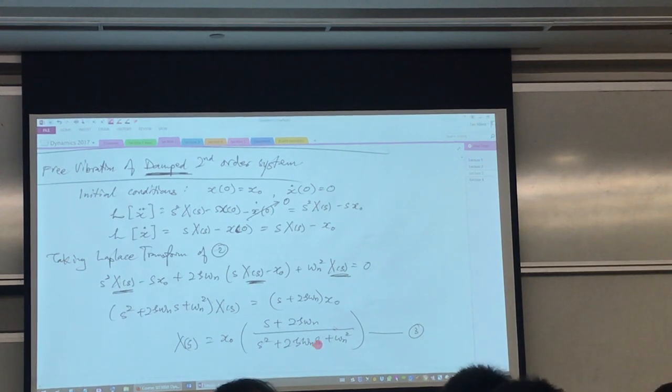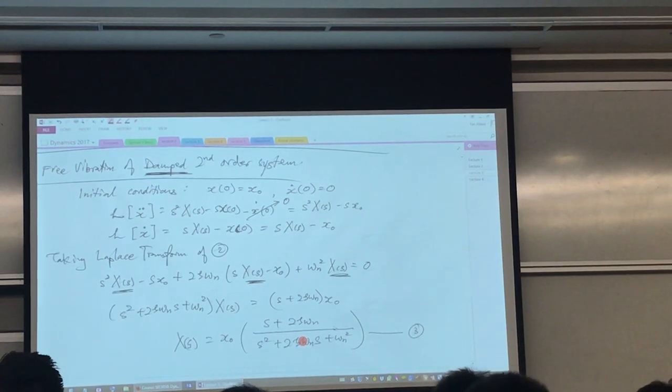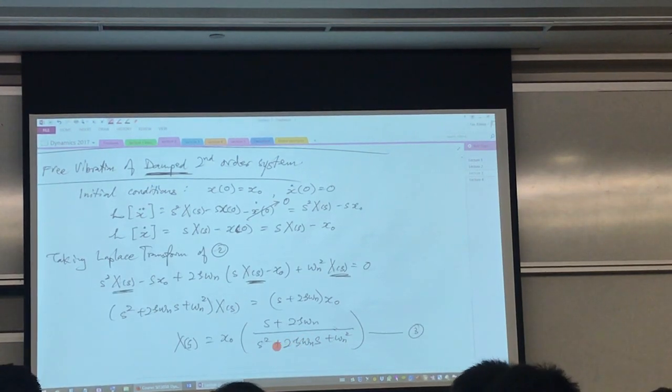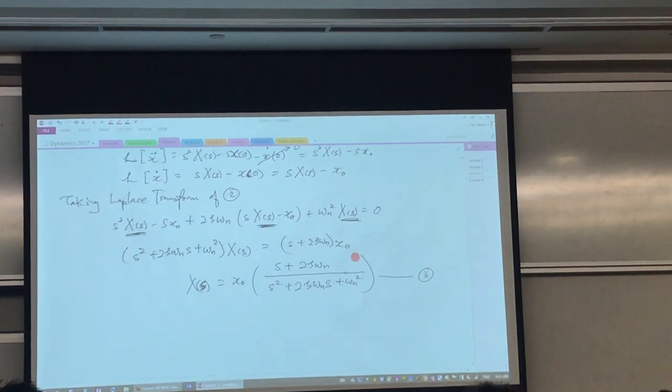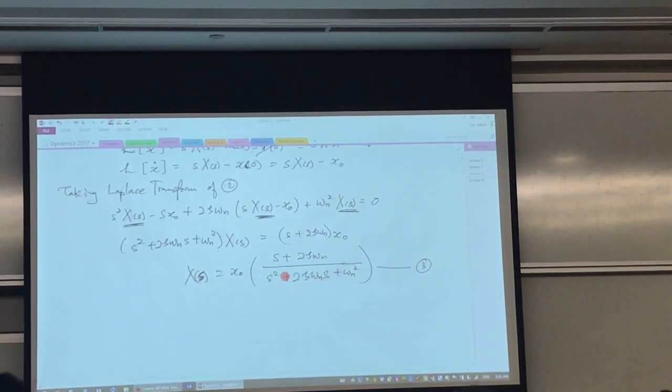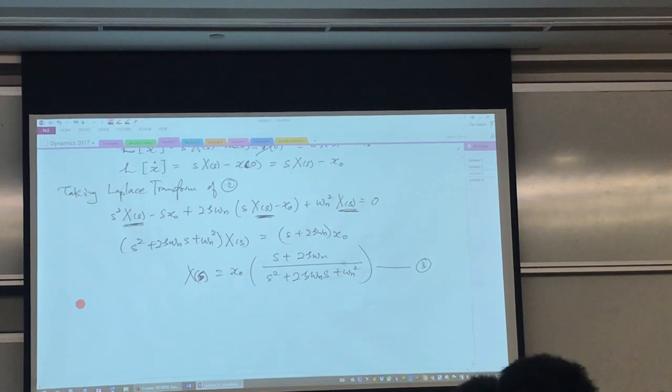This form doesn't have that format, so we have to somehow make it into that format so that later we can do an inverse Laplace. Why do we need inverse Laplace? So that it goes back into the time domain. Now it's in the s domain. Let's see how we go about making the denominator in those formats.